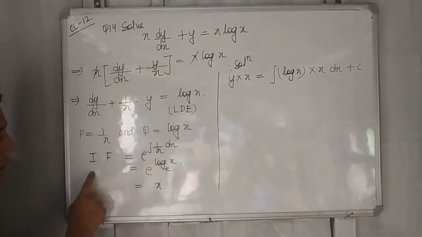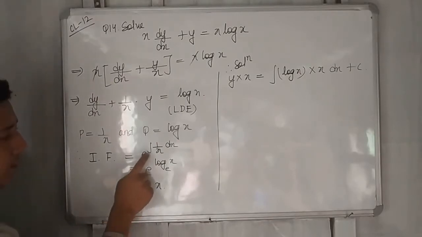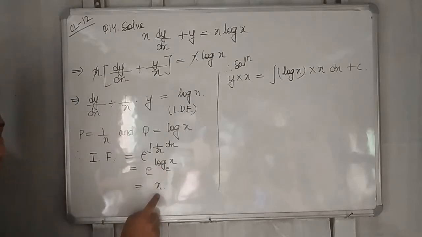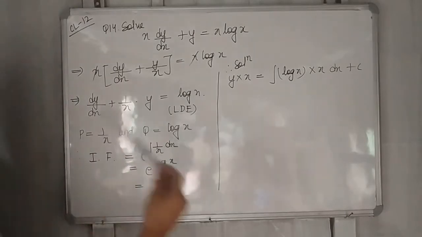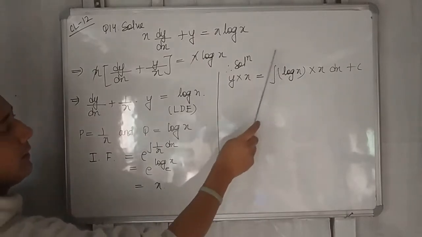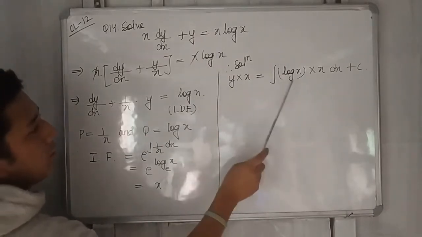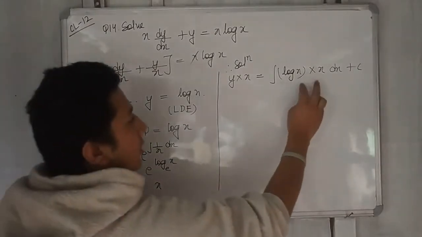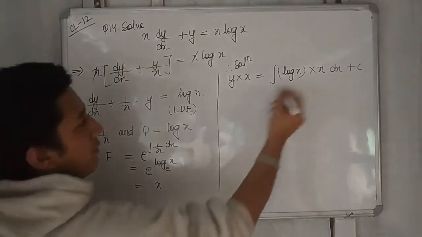So your integrating factor will be e to the power integral of 1/x dx, which is e to the power log x, which is x. Now its solution will be y times integrating factor equals integral of Q times integrating factor dx plus c. Now we just have to use the u into v rule, integration by parts.